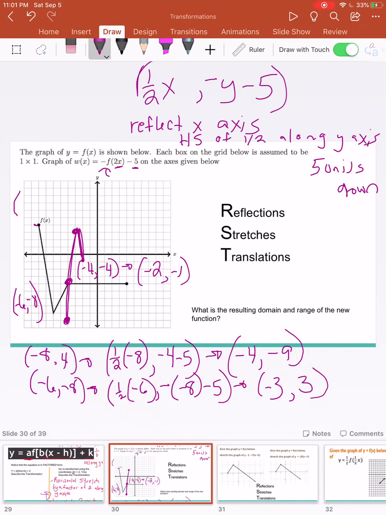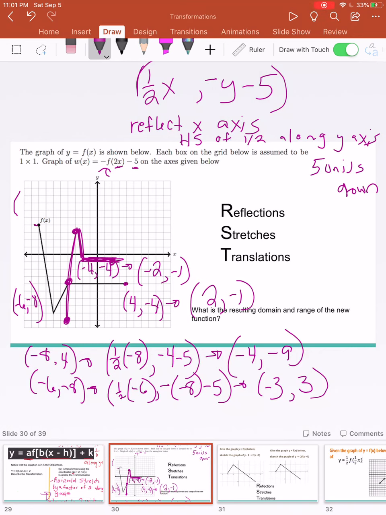So right down here. And then the last point has an original ordered pair of 4, negative 4. If I apply those to the mapping coordinates, I end up with positive 2, negative 1. Great, so that's my new graph.